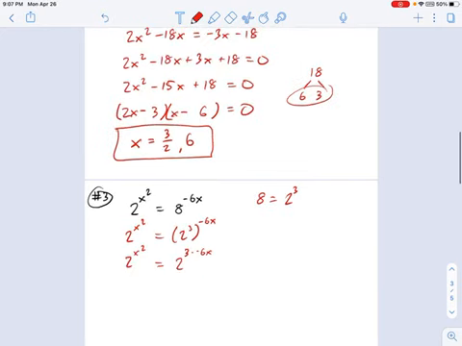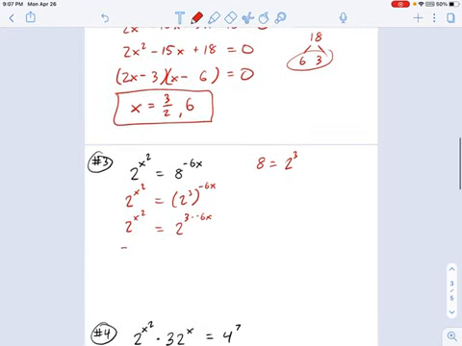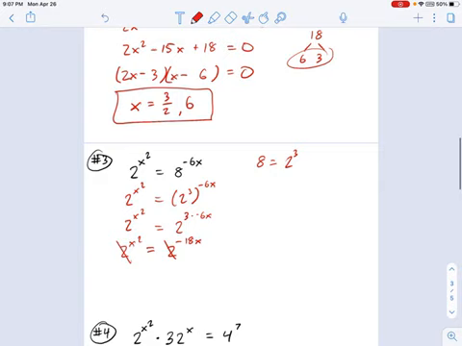So that is going to be equal to, well, on the left we still have 2 to the x squared, and on the right we have 2 to the negative 3 times 6, so negative 18x. And now I can cancel out the bases because they're common, and you just get x squared equals negative 18x. Okay, and let's bring this over here.